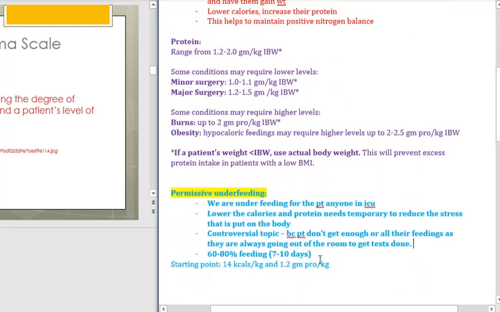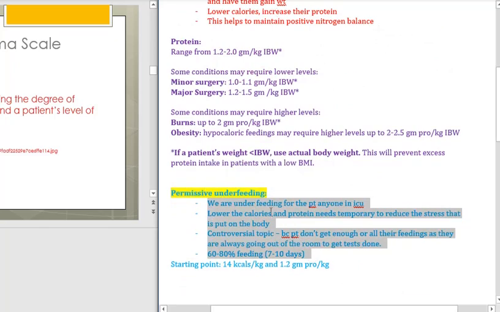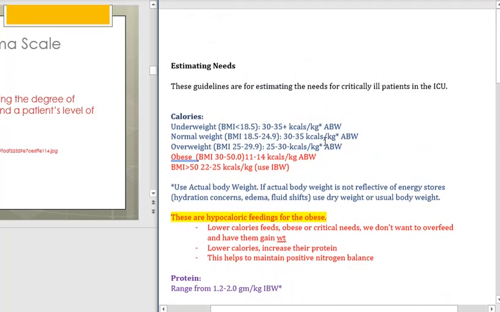The research says that if their BMI is less than 18, which is underweight, then we're going to give them 30 to 35 or more if they need it, but 30 to 35 calories per kilogram of actual body weight. If they're normal weight, 30 to 35. If they're overweight, 25 to 30. Okay, so you see we have the option, if they're underweight, to go a little bit higher.